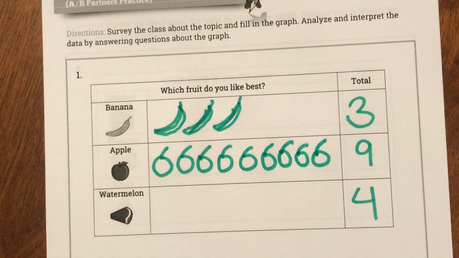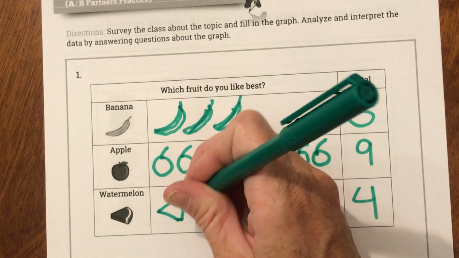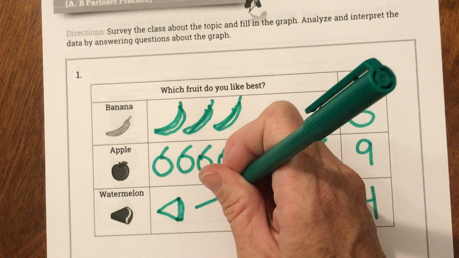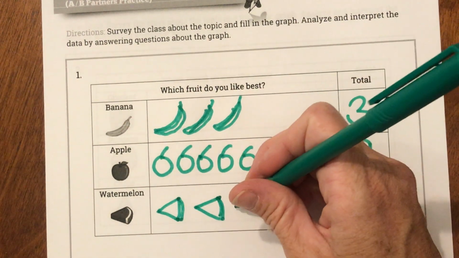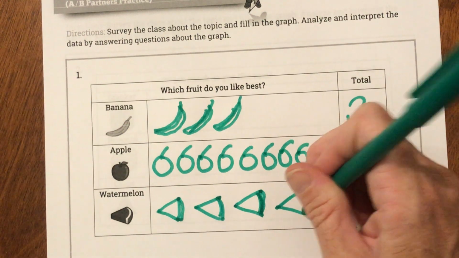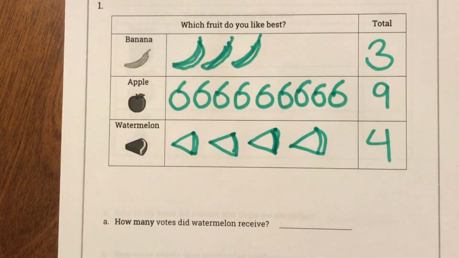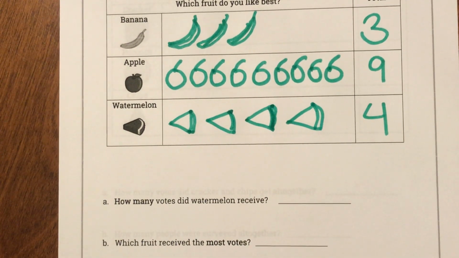Okay, and for watermelon, we need to draw 4. 1, they kind of look like pizza slices. 2, 3, and 4. Okay, so now our questions say, how many votes did watermelon receive?